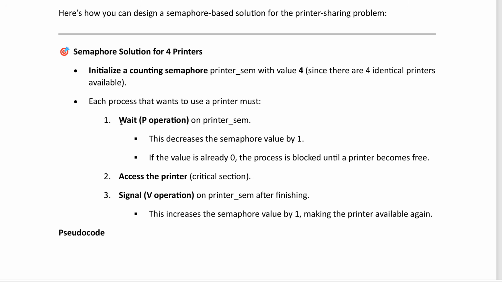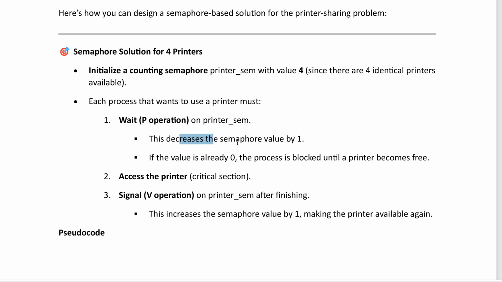Whenever you execute a wait operation, you are decreasing the value of the semaphore. Whenever you execute the signal operation, you are increasing the value of the semaphore, right? Wait is also known as P operation, and signal is also known as V operation.